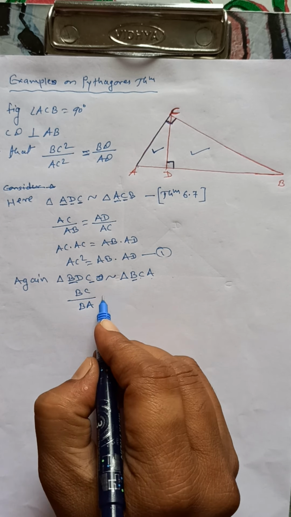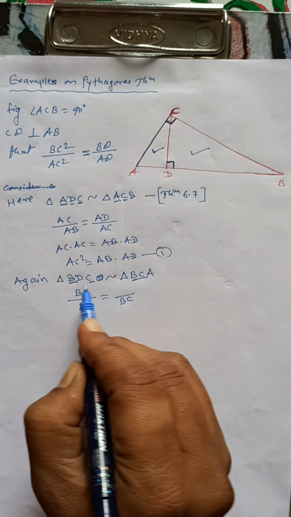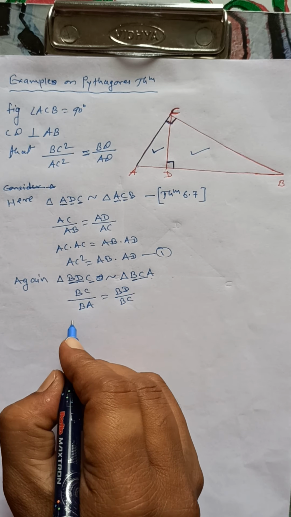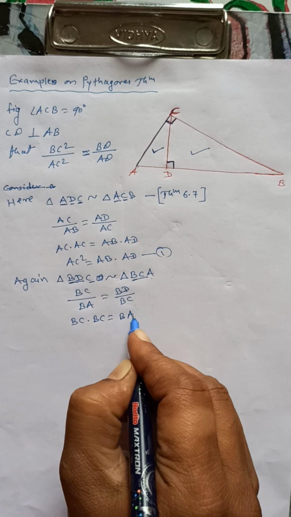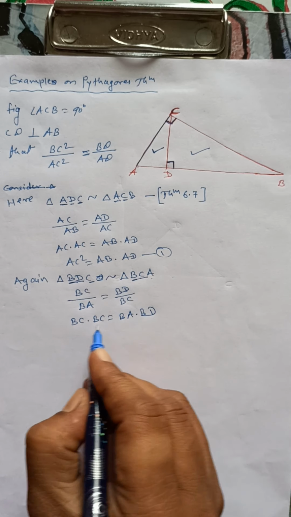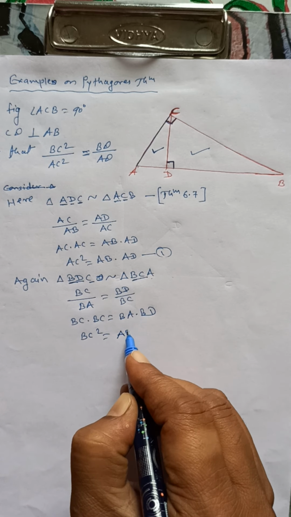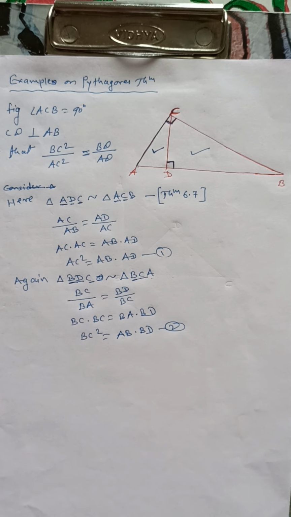BC upon BA is equal to, from the second one I want BC, so I will take BD upon BC. Take the cross multiplication here. BC into BC is equal to BA into BD. BC into BC is BC square is equal to BA, can I write AB? Yes, AB into BD. This is equation number 2.